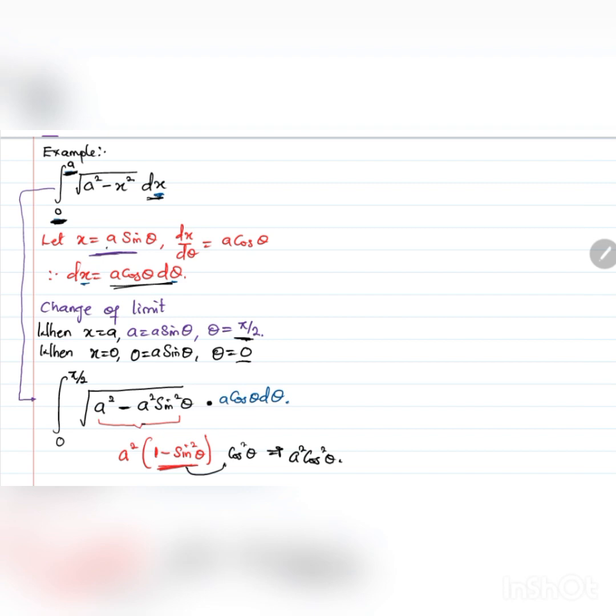Okay, now let's continue solving. I can say this question now is the same thing as the integral from 0 to pi over 2, the square root of, after simplifying what is in the square root, a square cos square theta times a cos theta d theta.